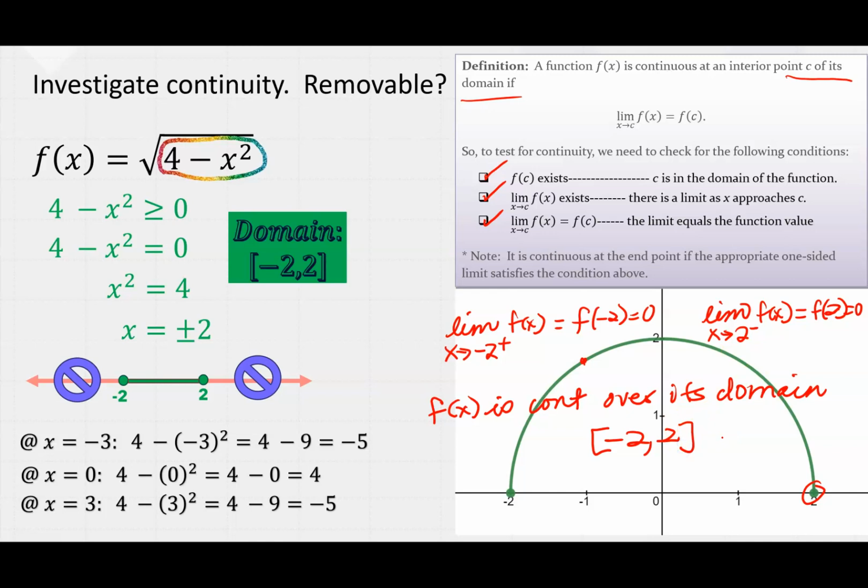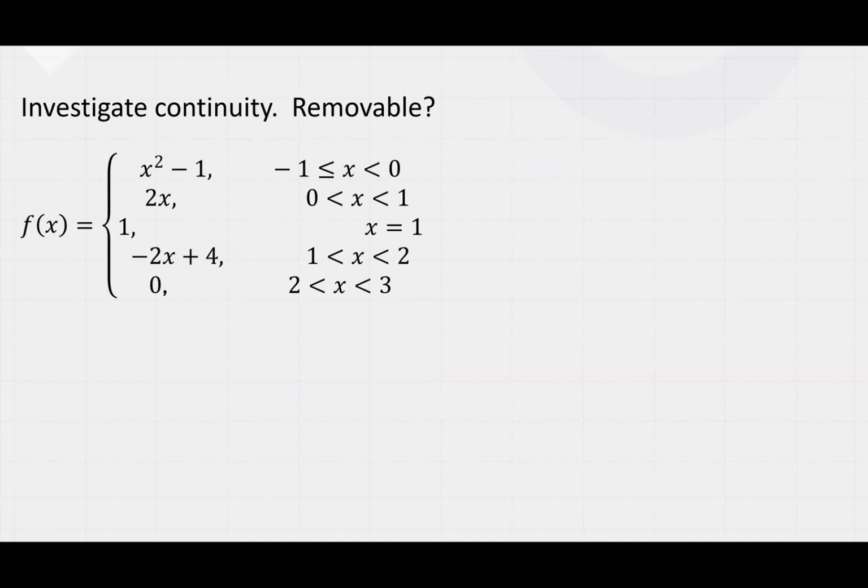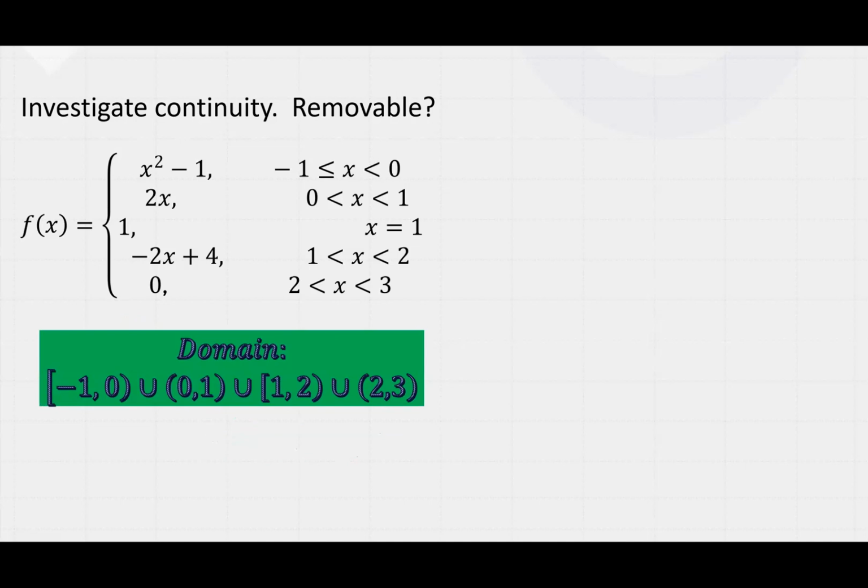Okay, now let's take a look at this. Well, first, what is the domain? It looks like -1 to 0, open, and then 0 to 1. And then we are going to include 1 somewhere.